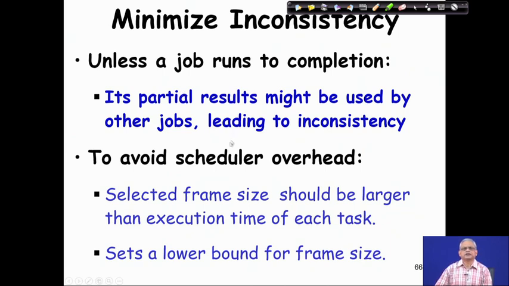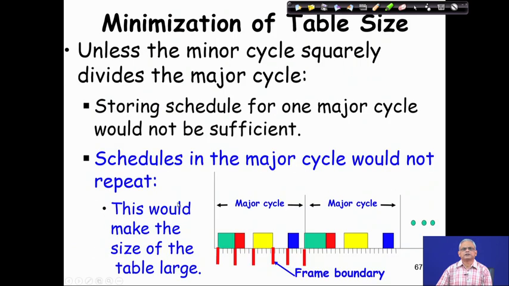Then we choose the largest frame size, because that minimizes the overhead, because the number of interrupts from the periodic timer become less, the number of times the scheduler runs. So, it is advantageous for us to select the largest frame size when multiple frame sizes are acceptable, which meet the constraints.